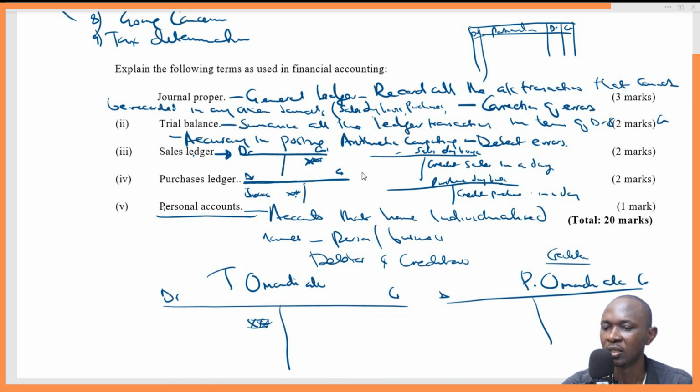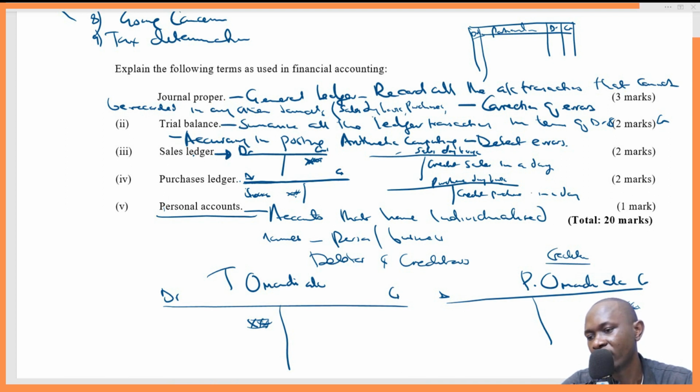So personal accounts are accounts where transactions are related to individualized names of individuals, like you've seen. You have T. Omondi or P. Omondi, or names of other businesses that have direct transactions with your business.